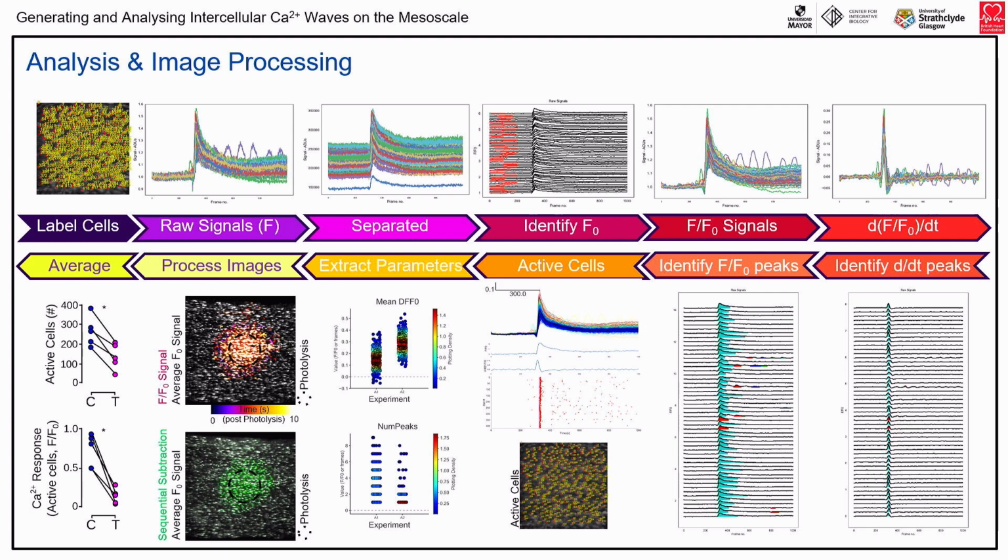To then identify the peaks, we take the derivative, and with these peaks, we're able to identify active cells and extract loads of different parameters, such as the peak signal, time of signal, and number of oscillations. With these, we can then find the averages across different biological replicates.